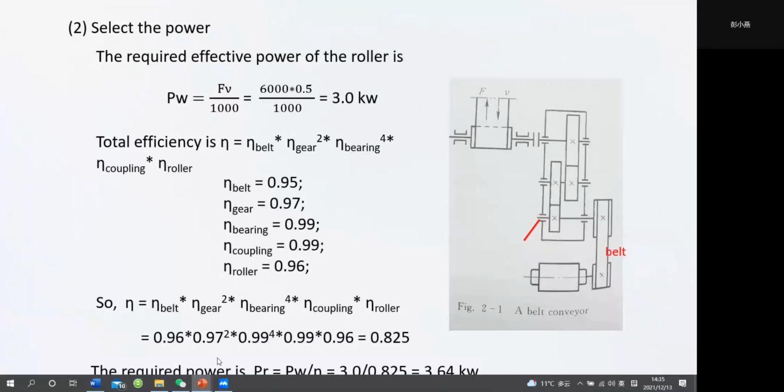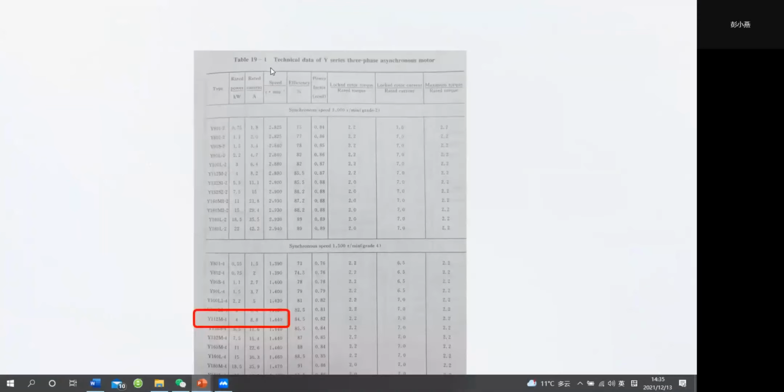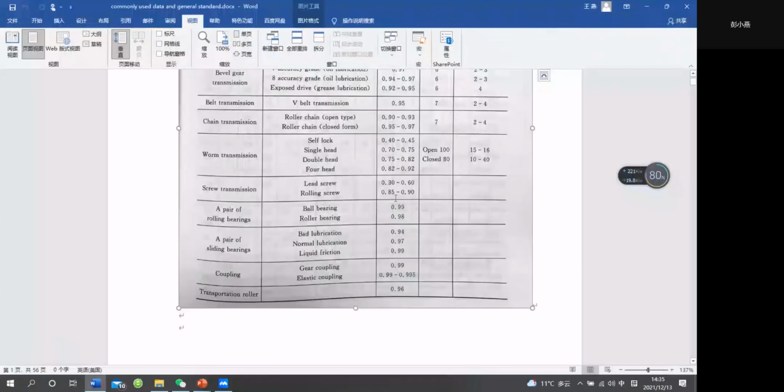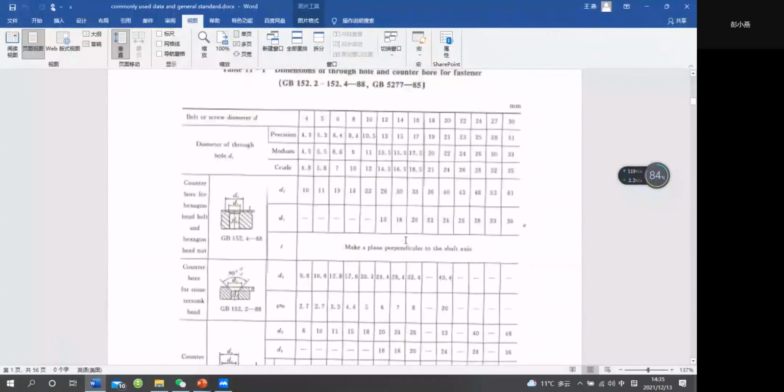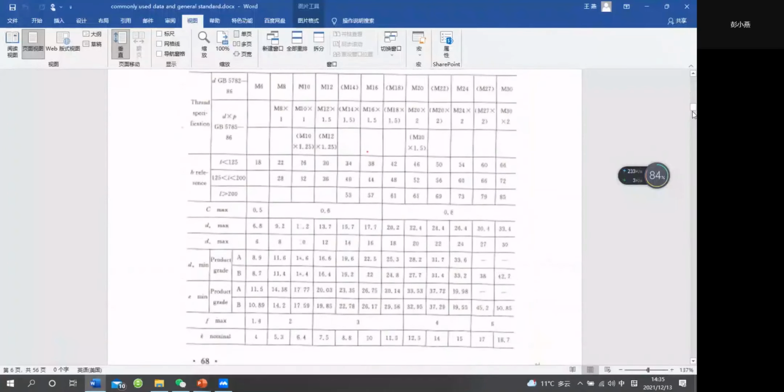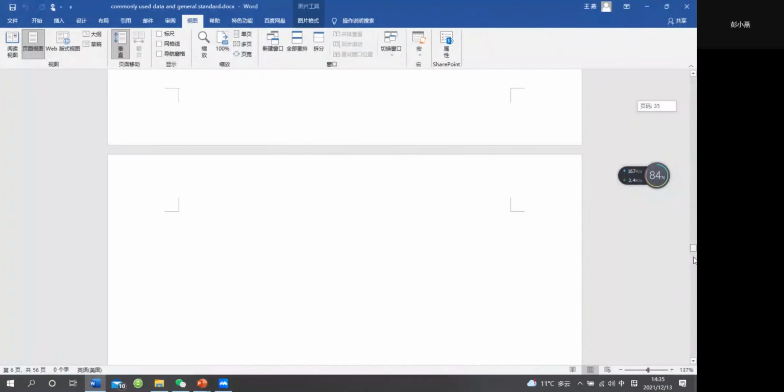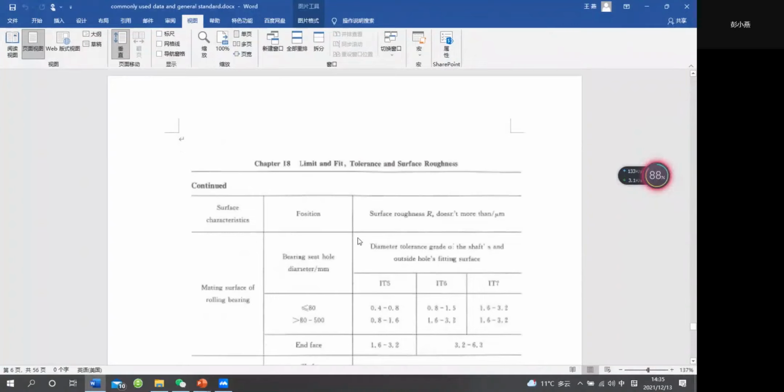Then we choose the motor type according to its required power. From the table 19-1, you also can find this in the design data book.